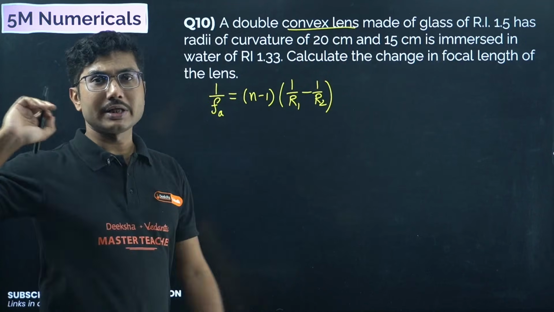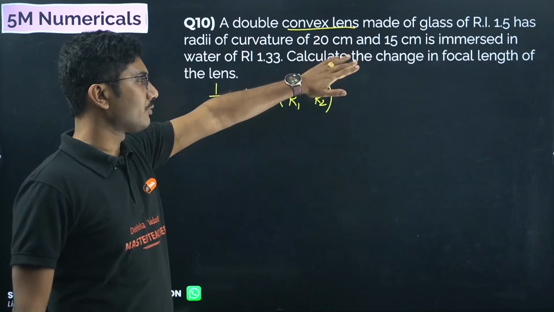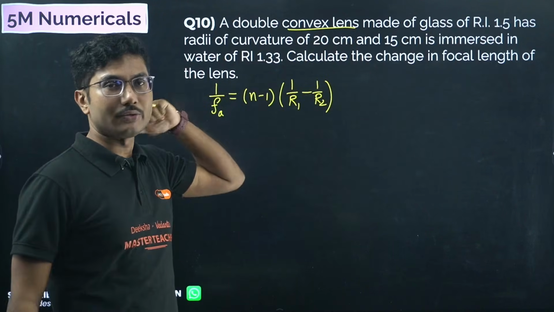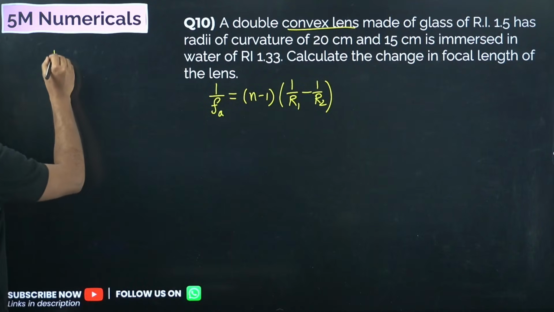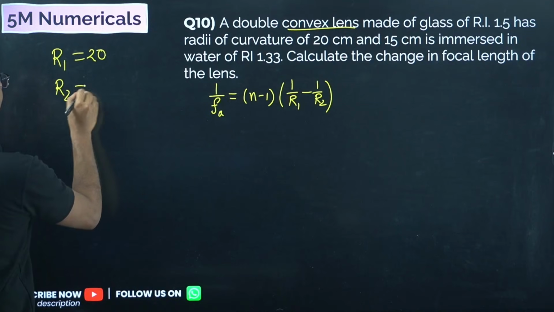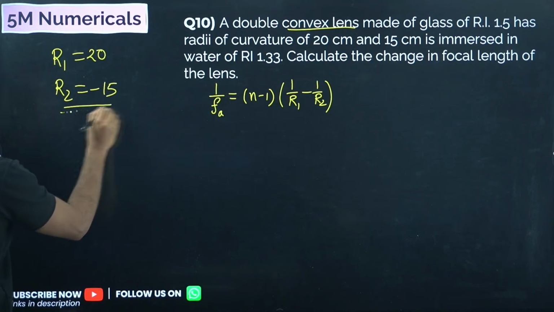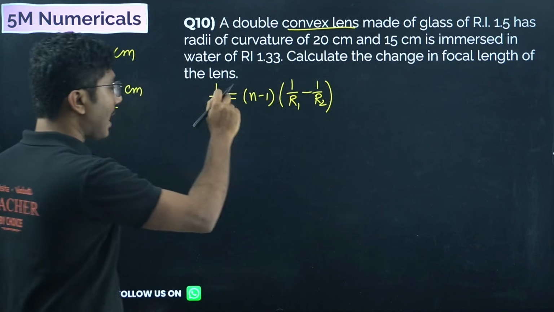These are the small things that you have to remember, because when you are putting the values, even if you understood the question, I have seen people ignore the sign. So R1 is 20, but R2 is minus 15. So don't forget that. Okay, R1 is 20 centimeter, R2 is minus 15 centimeter, and you have to put it over here.